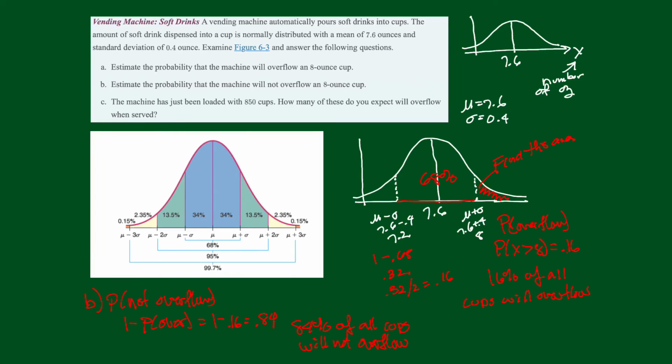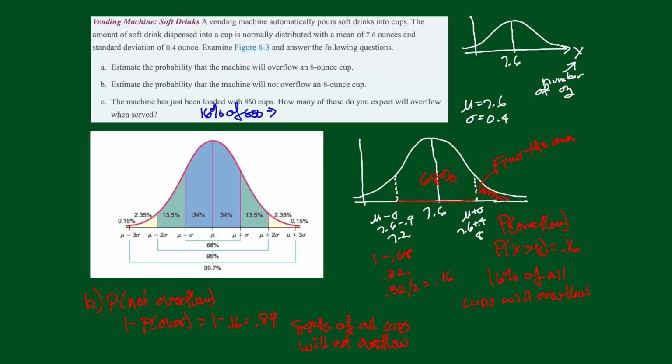Now, part C. The machine has just been loaded with 850 cups. How many of these do you expect will overflow? Well, we know 16% are going to overflow. So 16% of 850 will overflow.